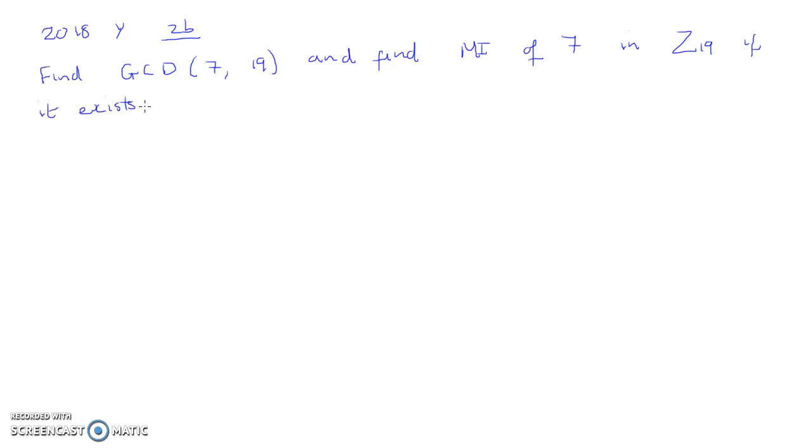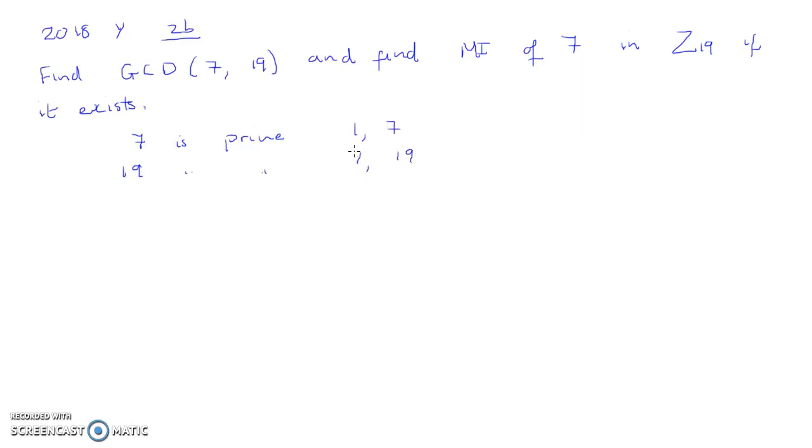A lot of numbers don't have a multiplicative inverse. So the greatest common divisor of 7 and 19 is the largest number that will divide into both 7 and 19. In this case, 7 is prime, so the only two divisors it has are 1 and 7. 19 is also prime, so its divisors are just 1 and 19.